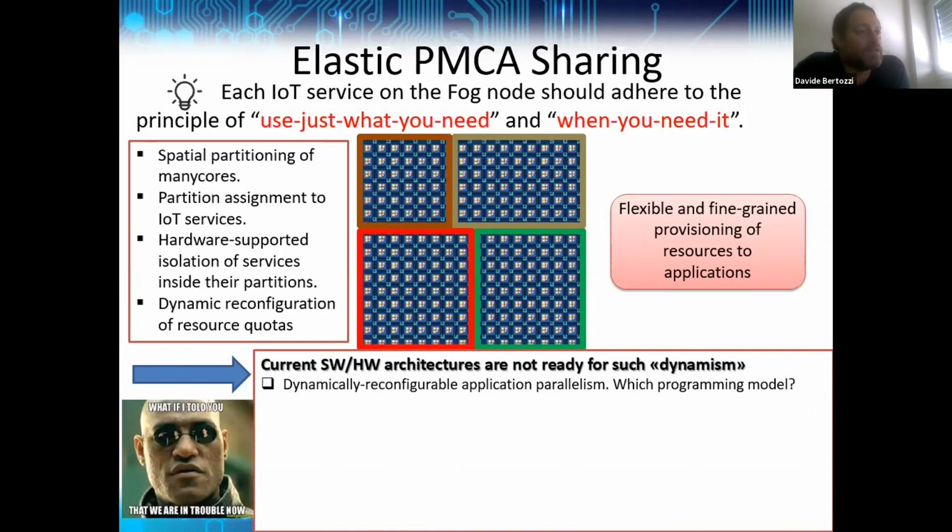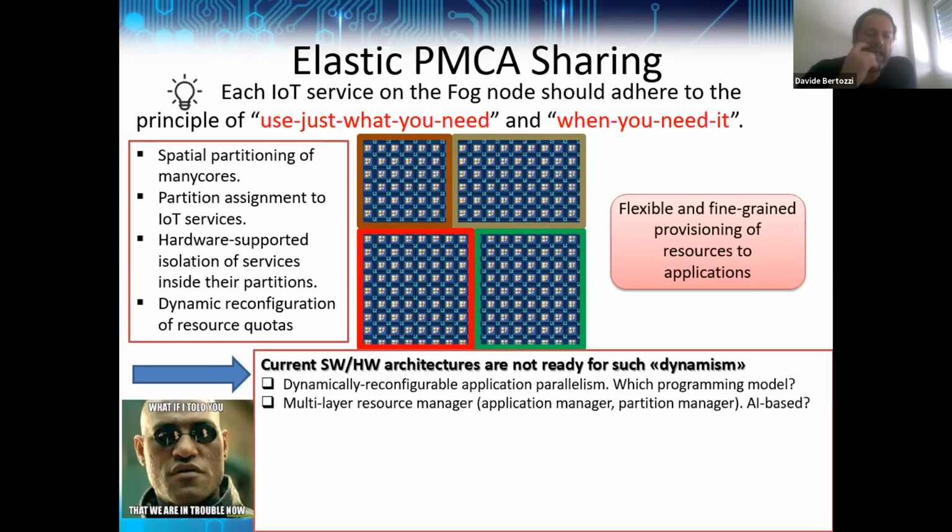And it's not straightforward to dynamically change the level of parallelism on the fly. You could have special runtime support for that. You could use code versioning for that. It's anyway an overhead. And therefore, now the question is, what is a programming model to sustain this vision? These are still open questions.